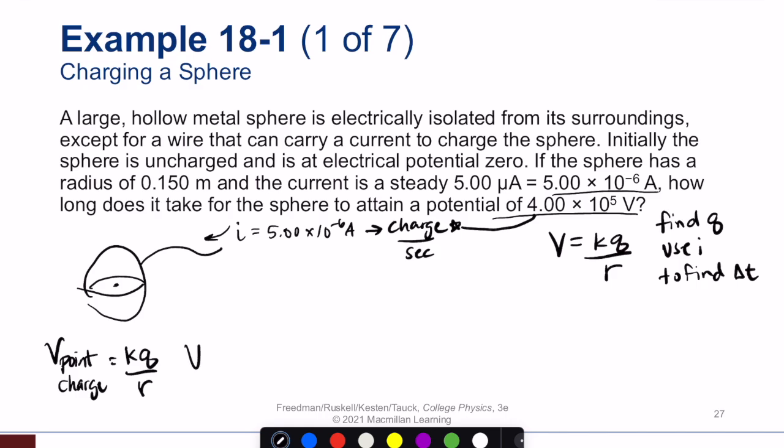Well, V of a sphere is also kq over r, where r is the radius of the sphere. They have the same equation. You can imagine the potential of a sphere at the sphere's surface as being the same as if a point charge was located at the center of the sphere. I'm just explaining why this is a valid equation to use to find the potential on the surface of that sphere. We're told that the radius of the sphere is 0.15 meters.